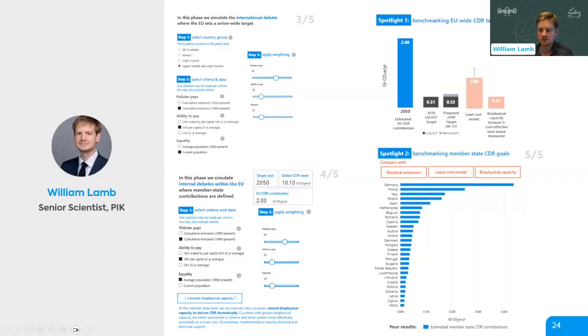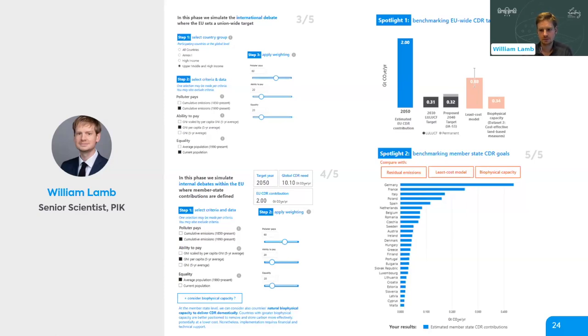But if you want to go for durable geological storage-based methods like direct air capture, then obviously you need time to put those in place in order to actually have the technology ready to go in 20, 30, 40 years. Okay, so maybe a 2050 target starts to become relevant for those other novel methods.